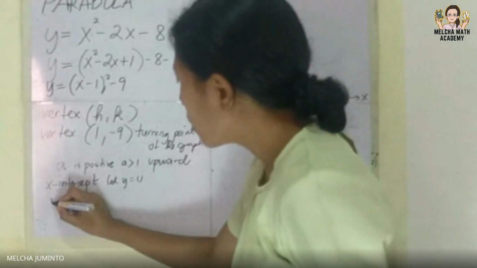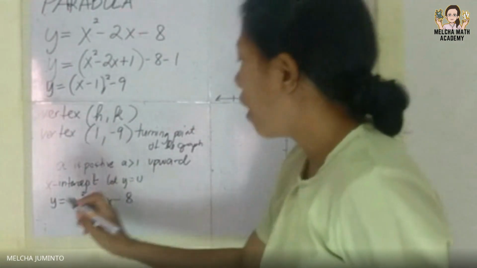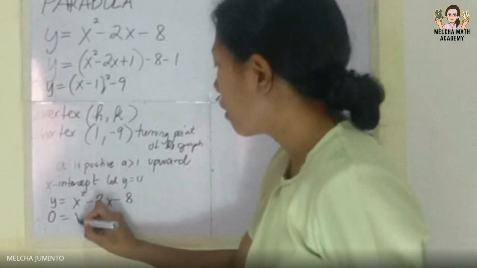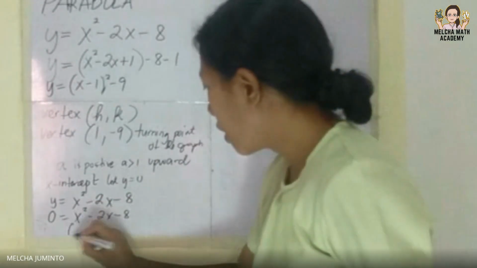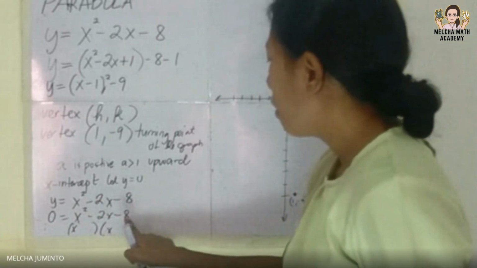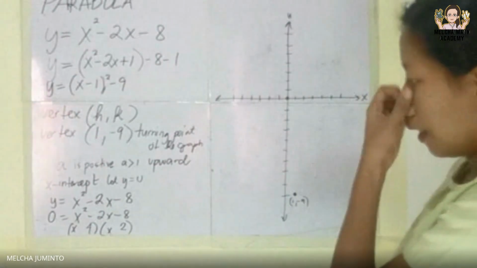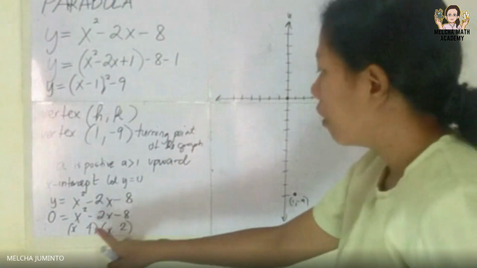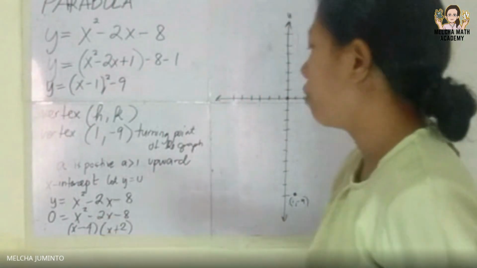From the original equation, y equals x squared minus 2x minus 8, I will change y to 0 to get 0 equals x squared minus 2x minus 8. Then apply factoring. x times x is x squared. 8 is 4 times 2. Since the 8 is negative, there should be one negative and one positive: negative 4 and positive 2 to get negative 2.